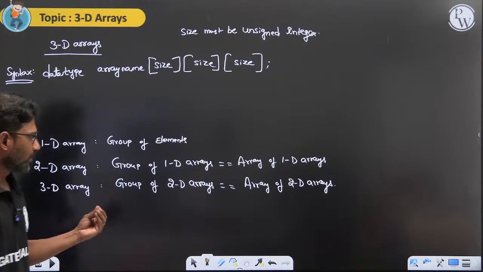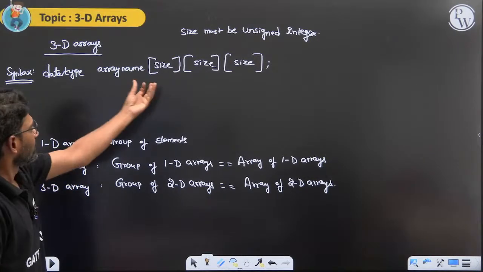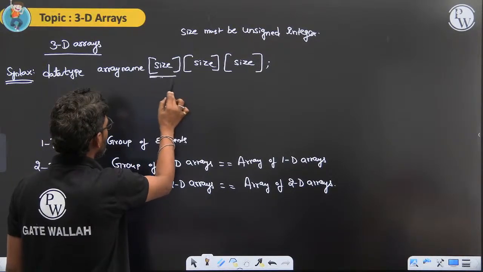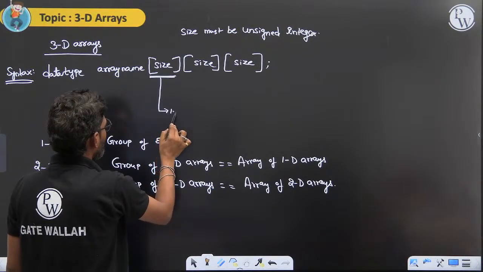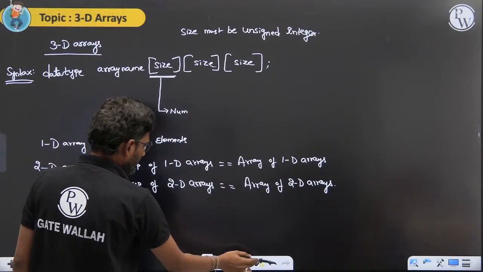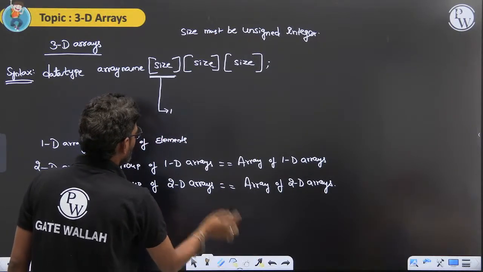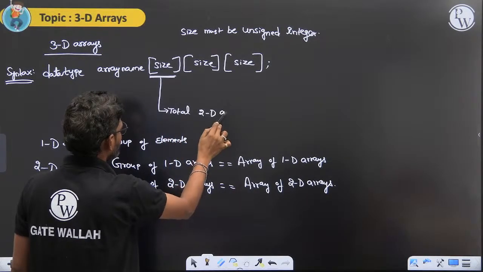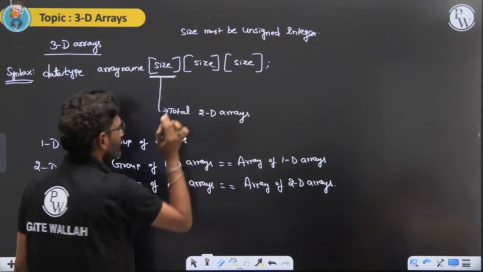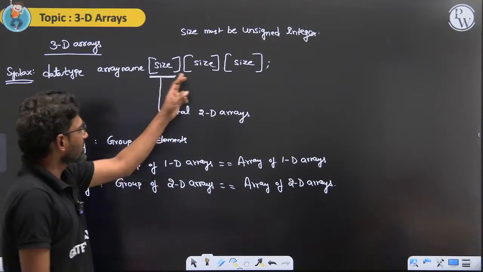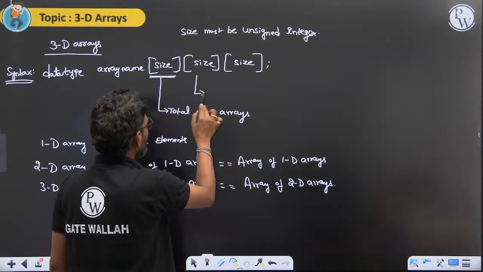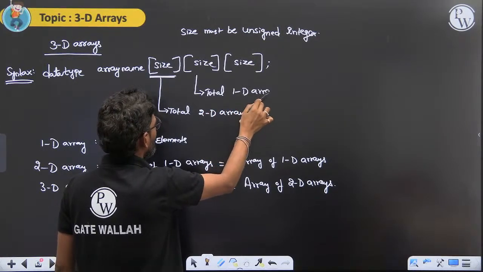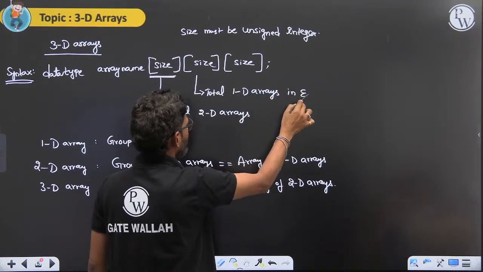So whenever you write 3 dimensions in a 3D array, the first dimension is telling the total number of 2D arrays. And the second dimension is telling total 1D arrays in each 2D array.